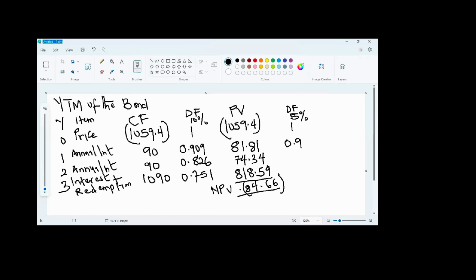Year 1 is 0.952. Next, 0.907. Then next, 0.864.